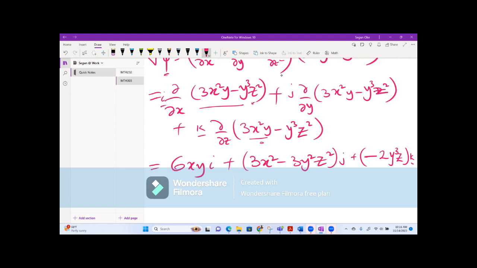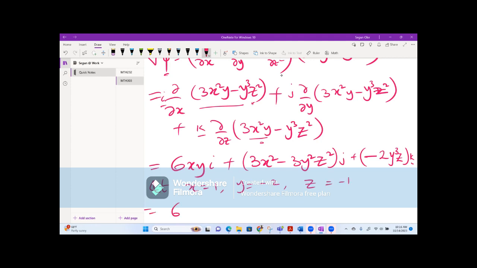But we are given a condition, an initial value point, that at x equals 1, y equals minus 2, z equals minus 1. Substitute them.